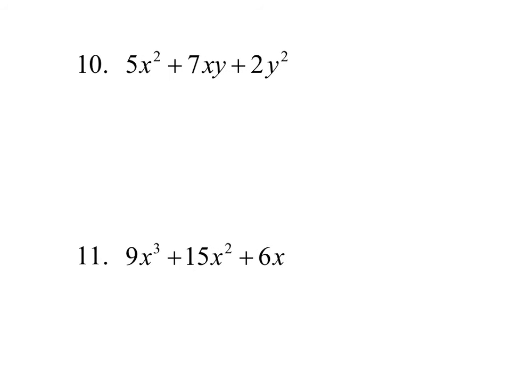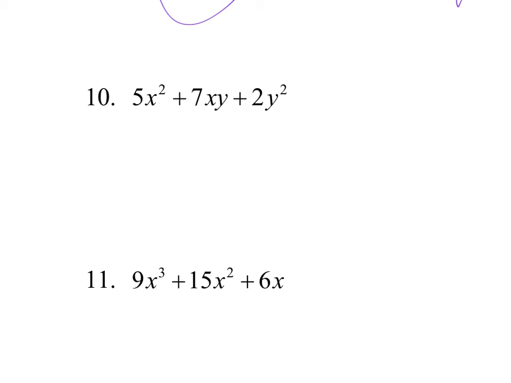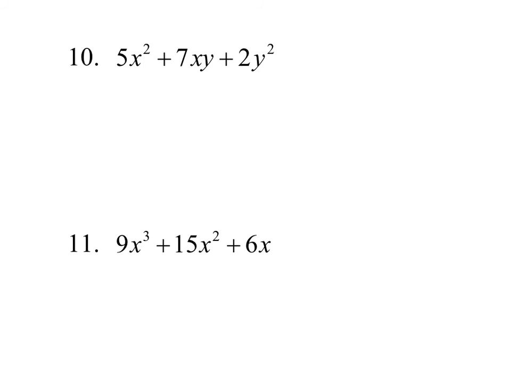All right, 5x squared plus 7xy plus 2y squared. No common factors. Sorry, it just went weird. Okay. 5 is prime, so it's going to be a 5x and an x.